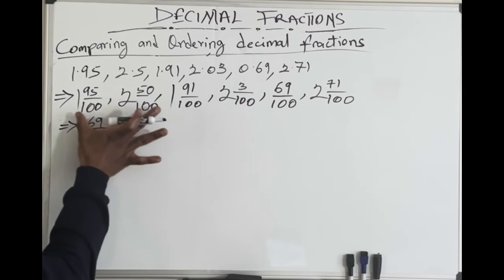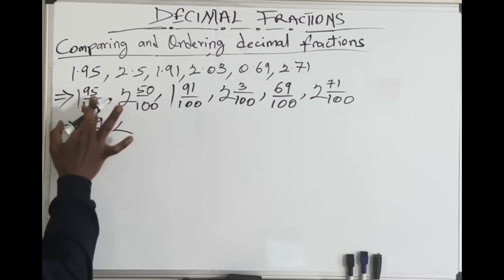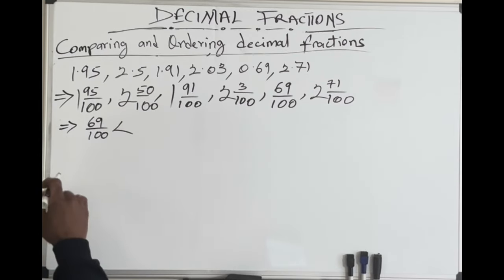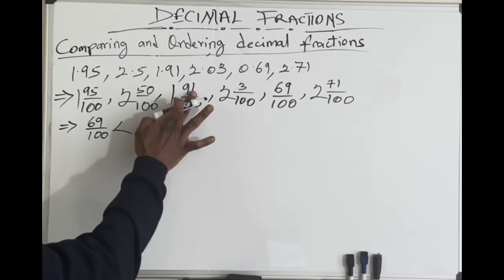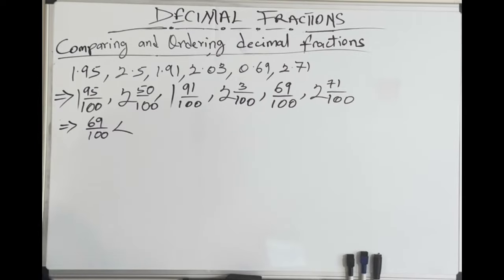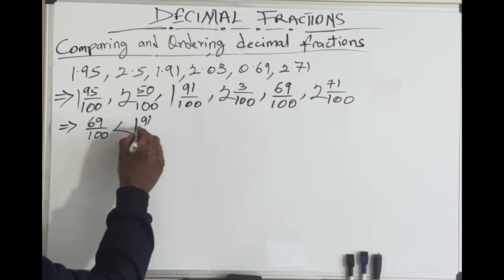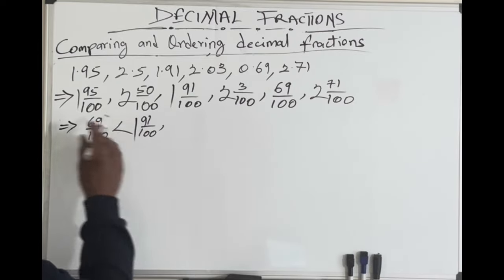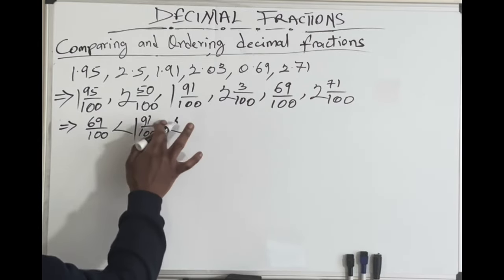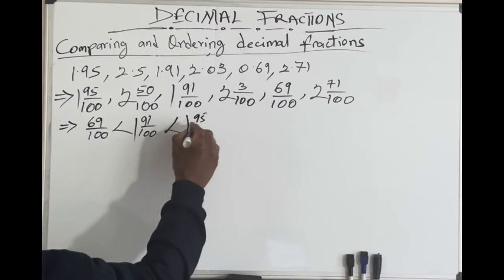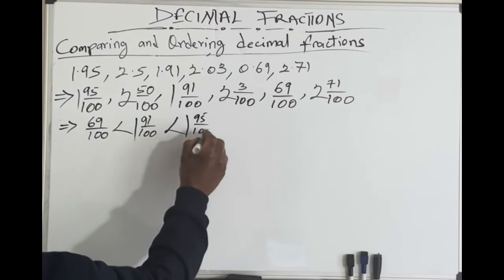So between one whole number 95 over 100 and one whole number 91 over 100, 91 is lesser than 95, so the next will be one whole number 91 over 100, and then this will follow, one whole number 95 over 100.